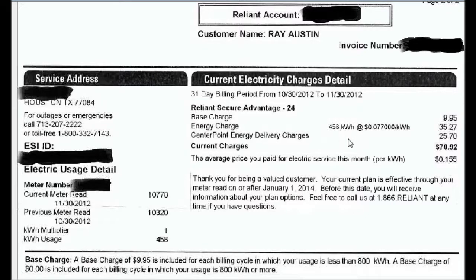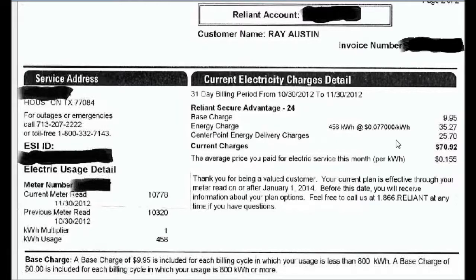Used 458 kilowatt hours. The charges on my low bill went up about $5 from the previous low bill that I showed the previous year. Part of that's due to a higher utility rate. I'm paying 15.5 cents per kilowatt hour with this company.